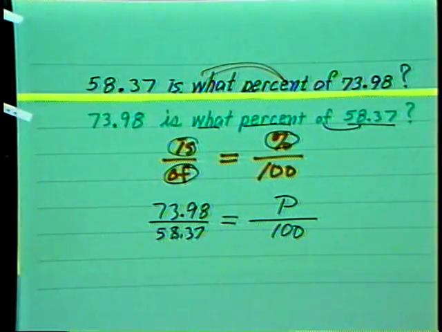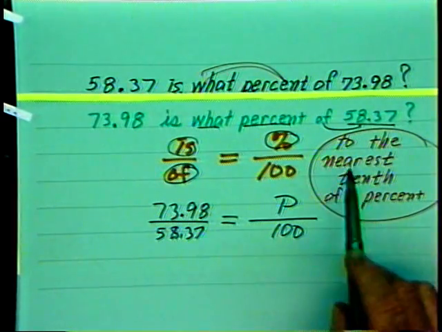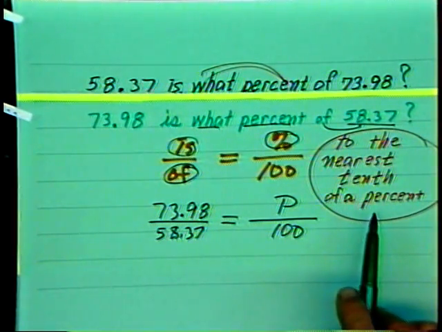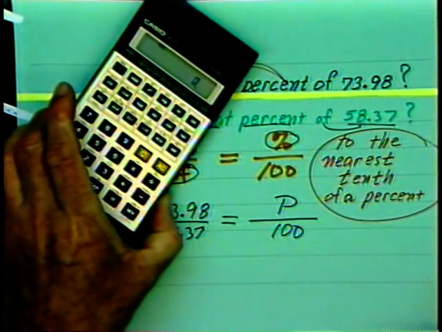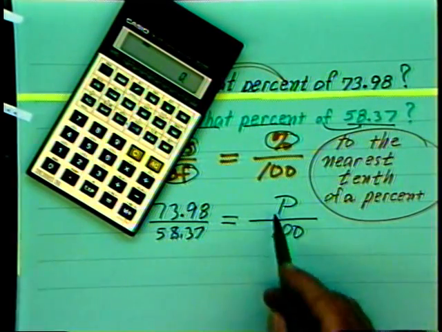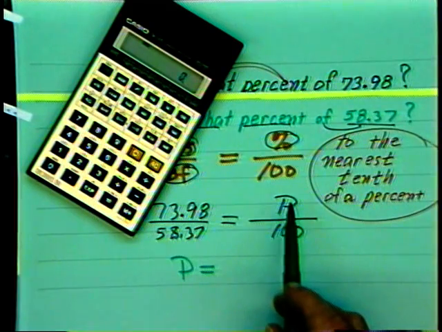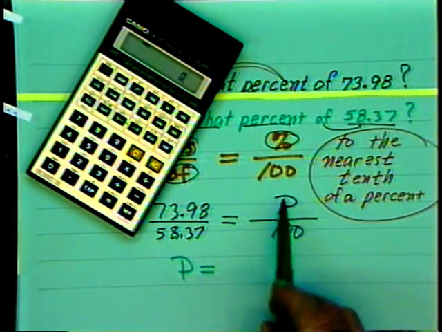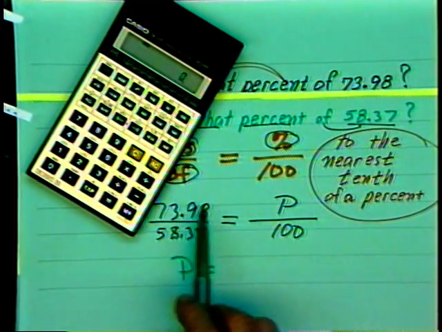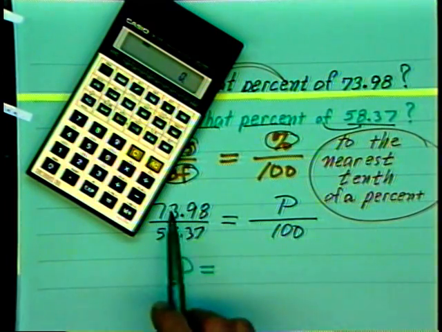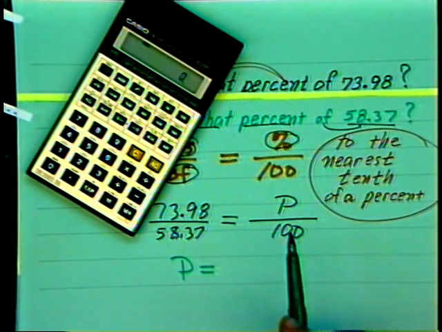Now here again, let's say that in this problem we also want to round to the nearest tenth of a percent. And again, let's use our calculator shortcut on this, recognizing that our answer will already be in the percent that I want. Here's the diagonal that doesn't have the letter, so I multiply those, which I can do mentally.